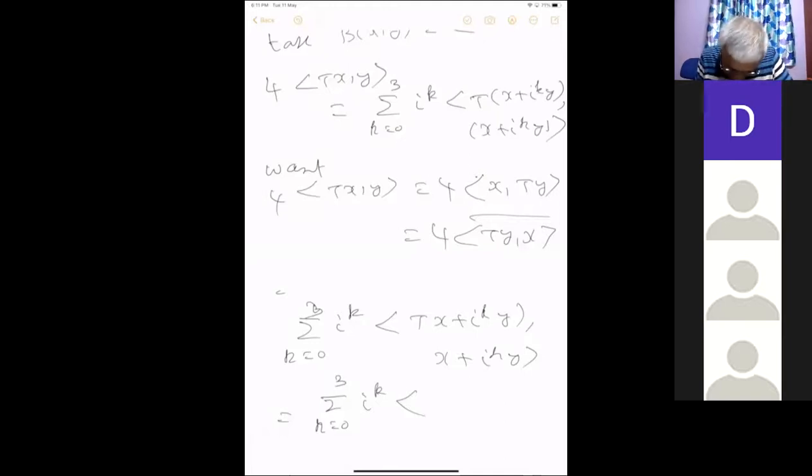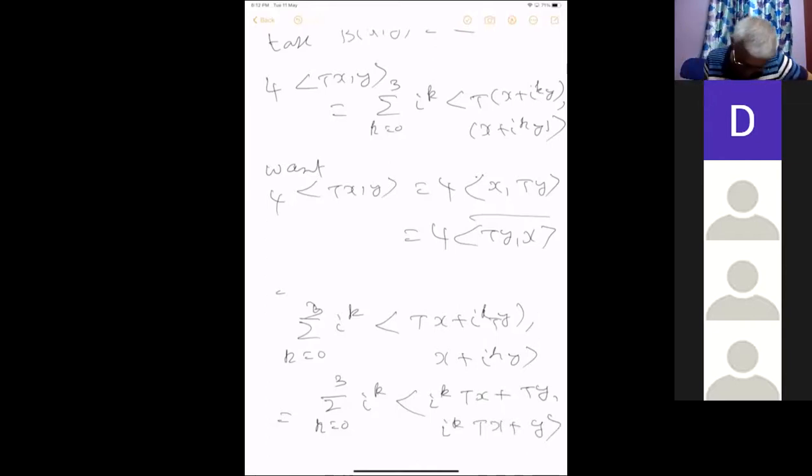If it is 1, then I keep it like this. If it is minus 1, then I multiply the T part by minus 1. I'm just saying this is true. There is a T here. Will I get a minus sign somewhere? What I have done is multiplied by i power k.